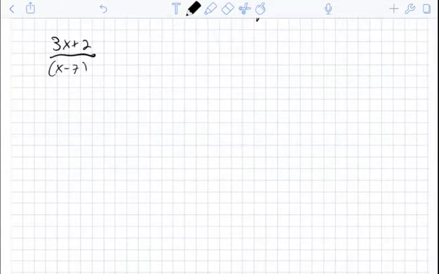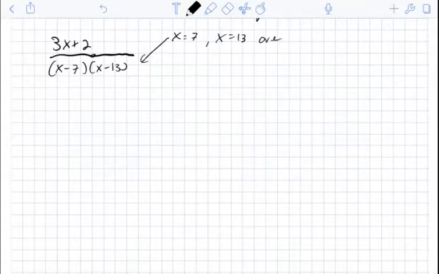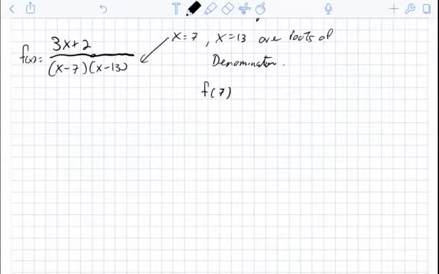So for example, 3x plus 2 over x minus 7, x minus 13, okay? So x is equal to 7 and x is equal to 13 are roots of the denominator. And that means that if I plug them into this rational expression, the function wouldn't exist. I would get a number that does not exist.